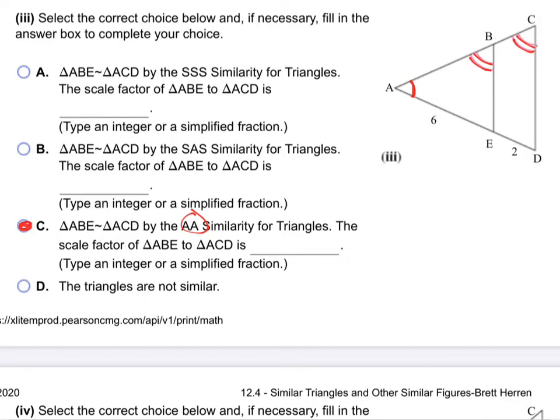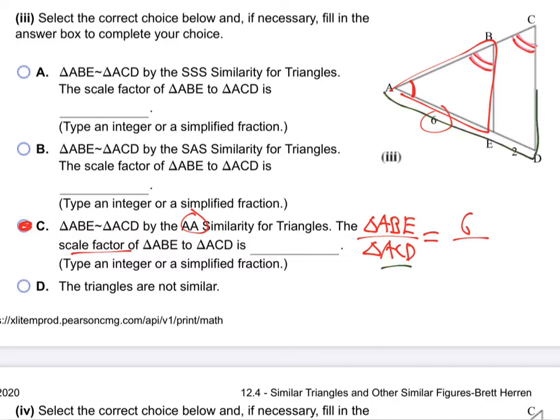Now, what's the ratio of scale factor of triangle ABE to triangle ACD? ABE is the little, so that'd be the 6 is to the big. Now the big triangle, ACD, there's the big one. So the bottom of the little triangle is 6.